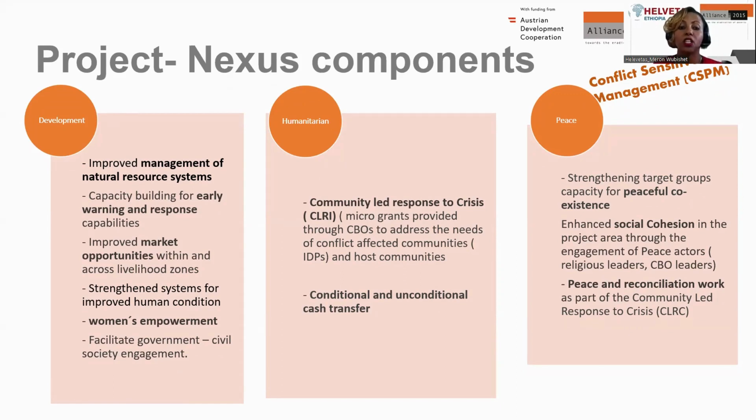Basically the objective is to increase the scale, the impact, and momentum of crisis-affected people's own initiatives to help each other to survive with dignity, strengthen communal well-being, and start addressing root causes of vulnerability. So it's more of a participatory way of responding to crisis, which we have found to give really interesting results. And also we included conditional and unconditional cash transfer.